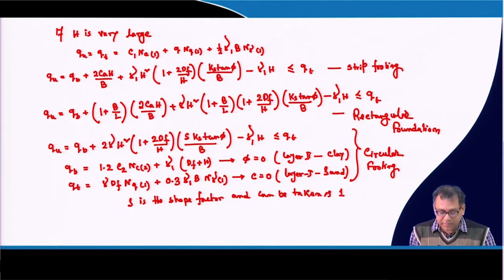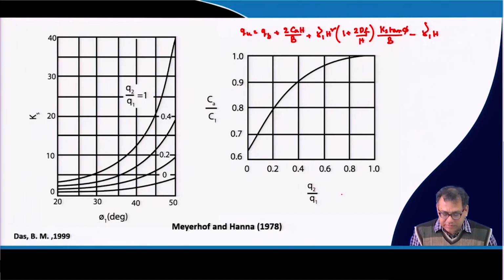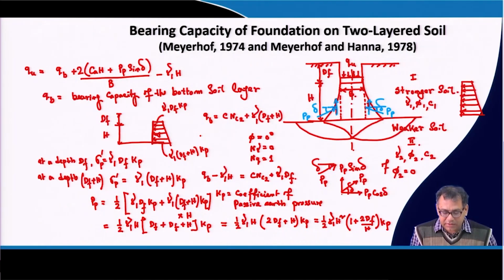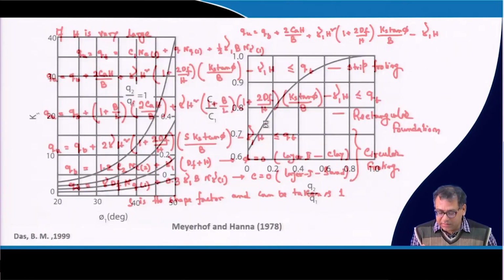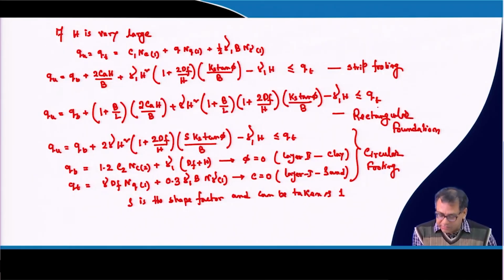First one is the strip footing, where the QB equation is given; QB I can calculate by using these equations for clay soil, and for general soil also you can calculate. Now, this is for the rectangular footing, where you have to calculate the QB, and remember that when you calculate the QB for rectangular and strip footing, there also you have to apply those shape factor corrections.